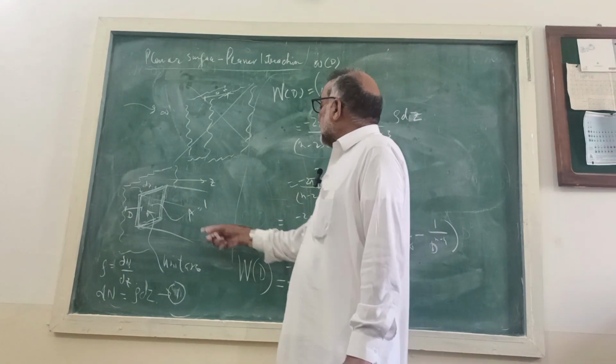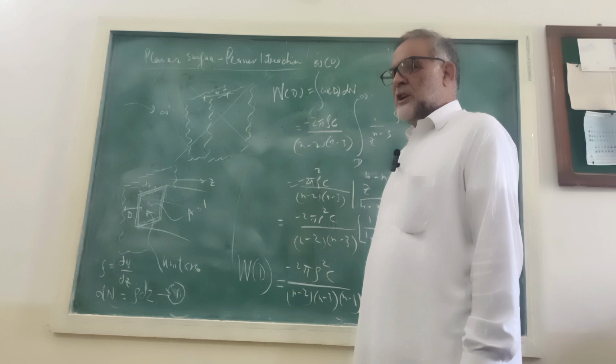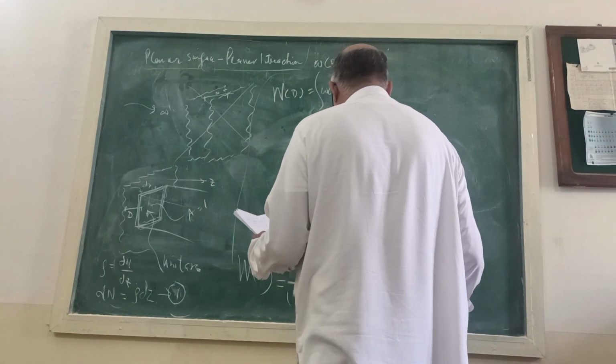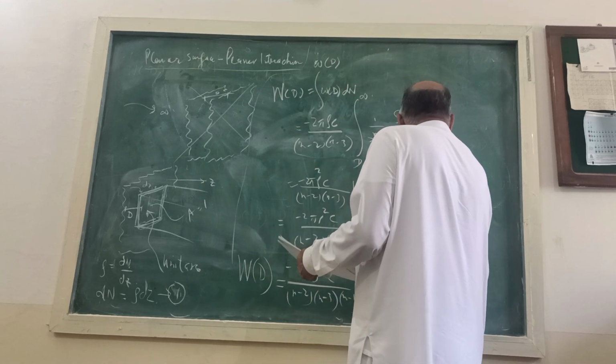Look, we have taken A is equal to 1. So it means per unit area. The interaction energy per unit area of two plane surfaces, right? That is equation number 2.